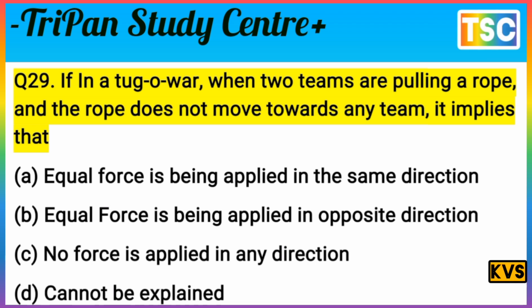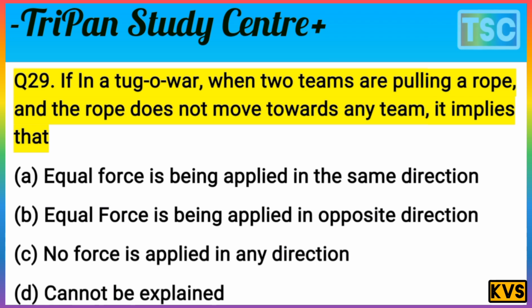Equal force being applied in the opposite direction, that is, both teams apply force in opposite directions. It means option B is correct. Equal force is applied in the opposite direction. Option B is correct for this question.